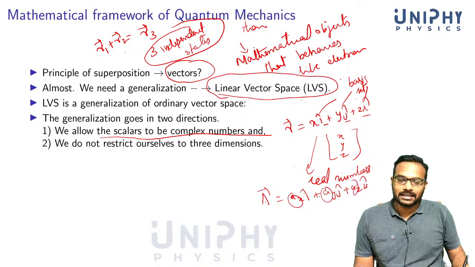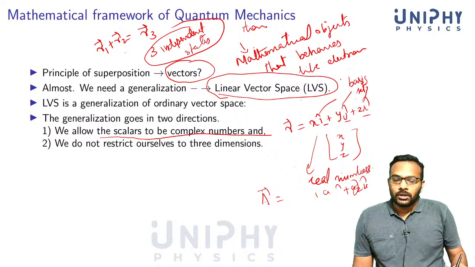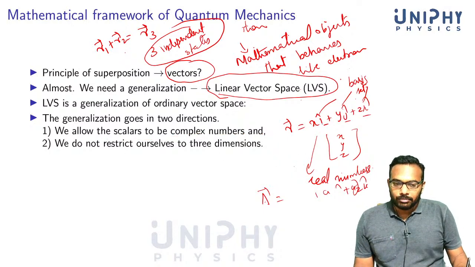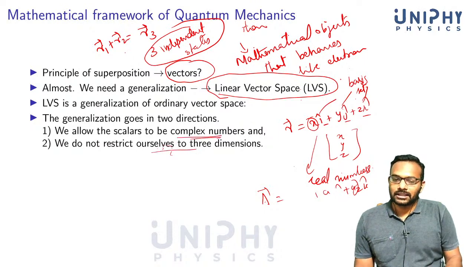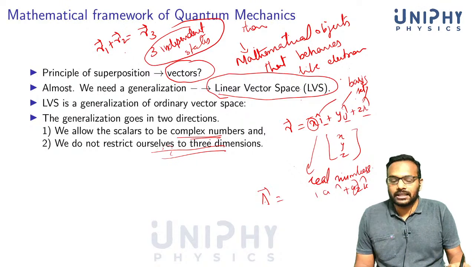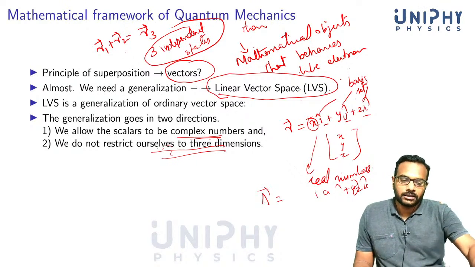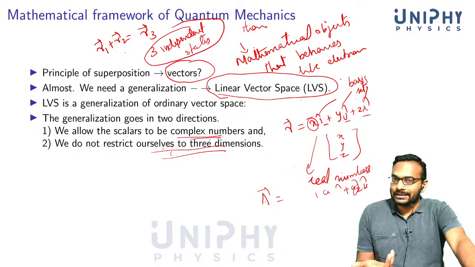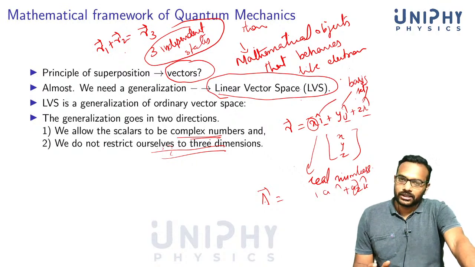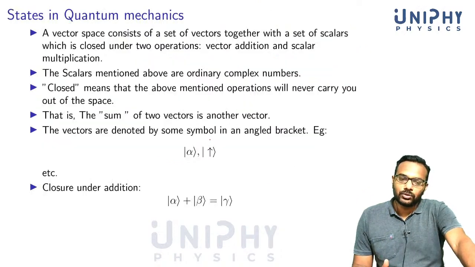In linear vector space, these numbers are no more real; they can be complex, and we do not restrict ourselves to three dimensions. There can be infinite dimensions even. So this is linear vector space. It already existed in mathematics before quantum mechanics came into existence.